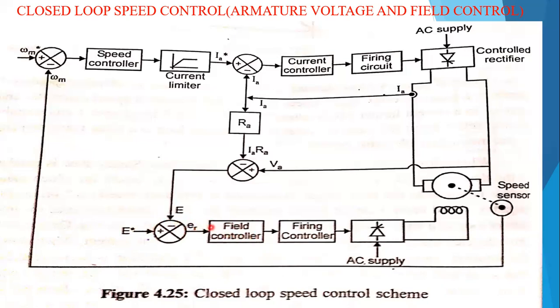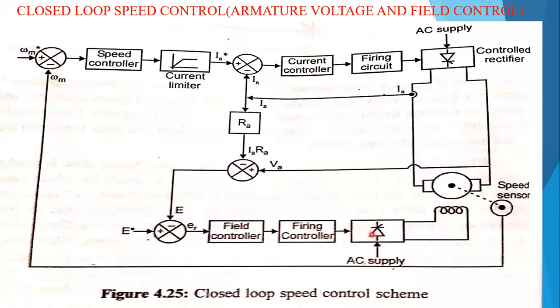Then the firing angle of the field converter, alpha F, is maintained at 0. This is a fully controlled rectifier, and the field winding is fed by this field controlled rectifier.